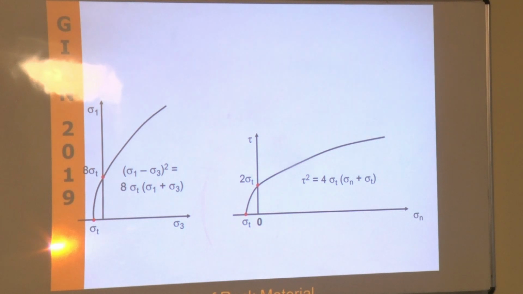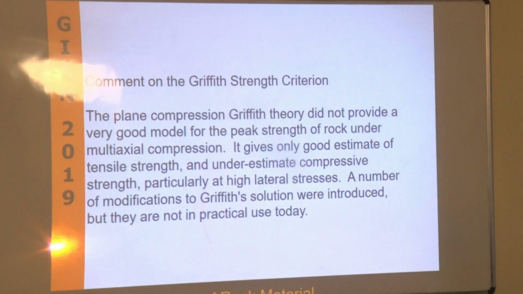And that is matching much better the experimental envelope that you can build from laboratory tests. But it's limited to really low confinement. High confinement is not working very well.